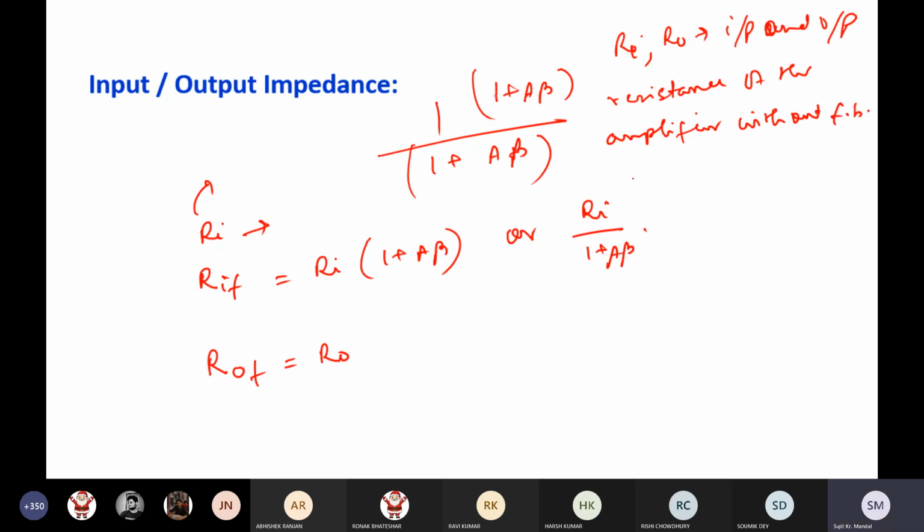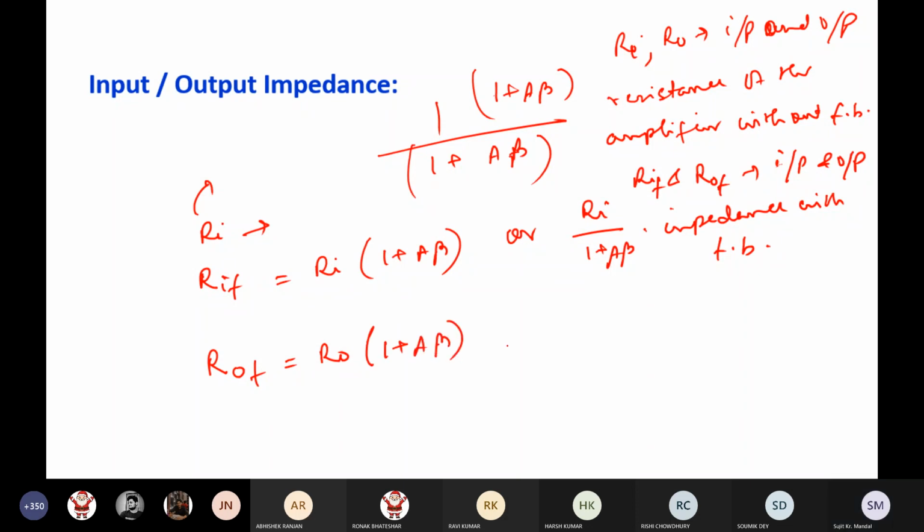Similarly, RIF and R0F are the input output impedance with feedback. In that case, similarly R0F can be R0 into 1 plus A beta or R0 divided by 1 plus A beta.